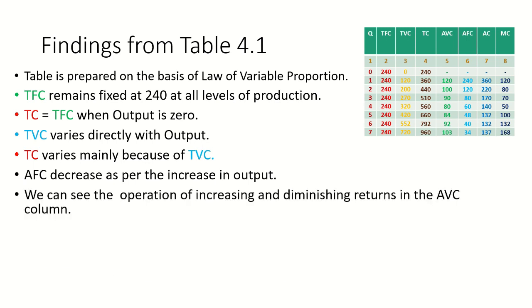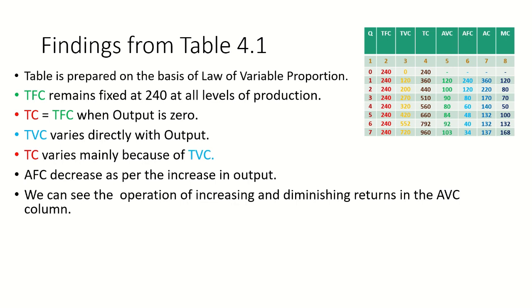Next, please look into the AVC column, that is the average variable cost column. We can see the operation of increasing and diminishing returns in the AVC column. That is, first it decreases, then again increases.